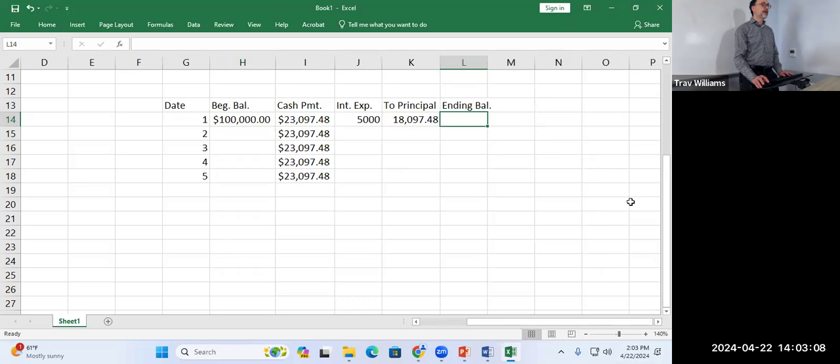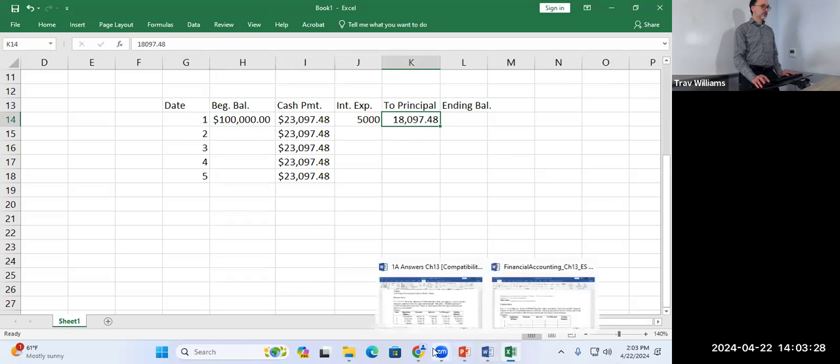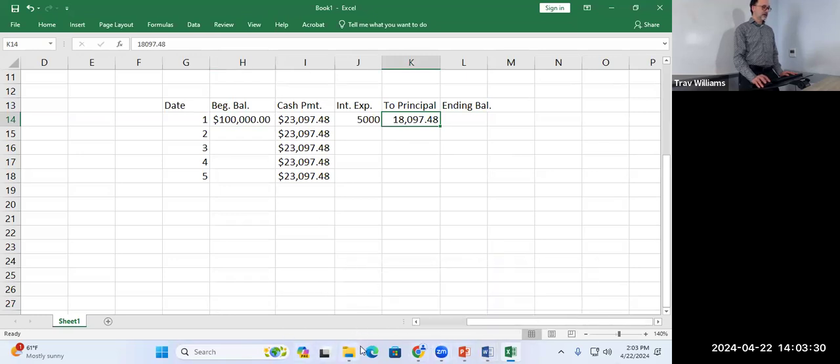So how would we get the ending balance for our principal at the end of the first year? Exactly. Take the beginning balance minus the amount to principal. Thank you, Suzanne, right?